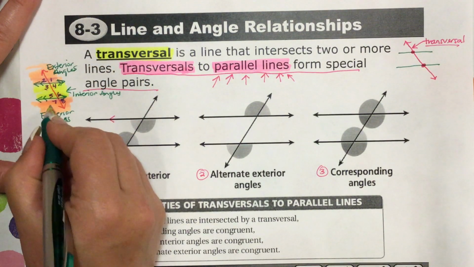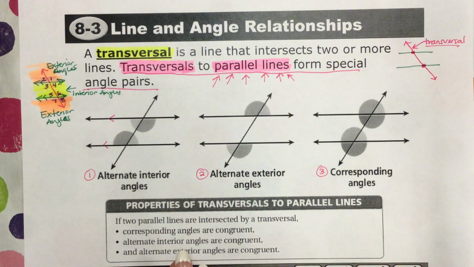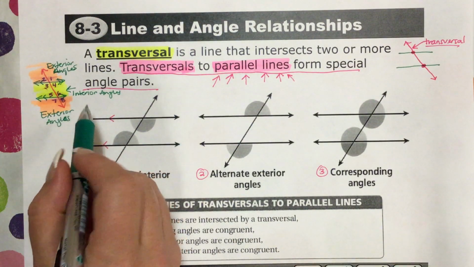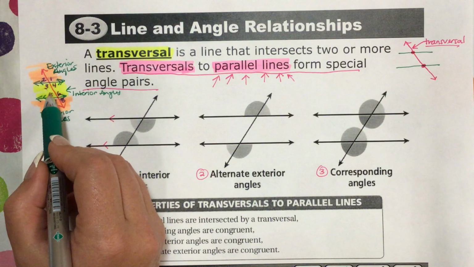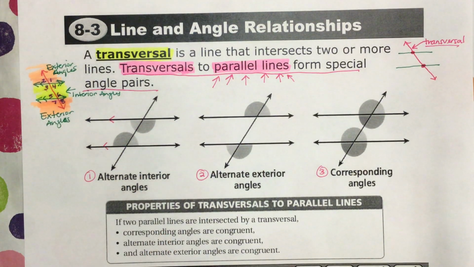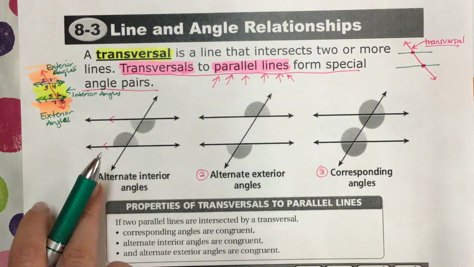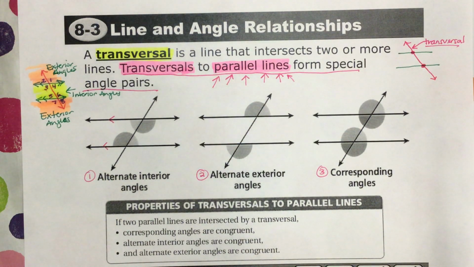So 1, 2, 7, and 8, those are exterior angles, where interior angles are 3, 4, 5, and 6. Okay? So let's go ahead and talk about alternate interior angles.